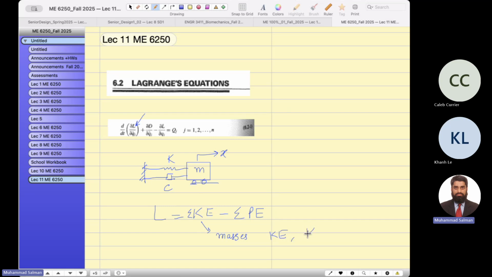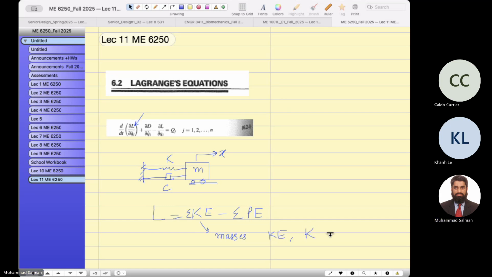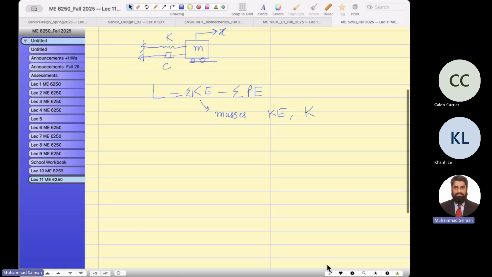In our book, K represents the kinetic energy, and P represents the potential energy. K is half m v square, and if it is rotational, this is half I omega square, or theta dot square. Both are the kinetic energy possessed by the masses.